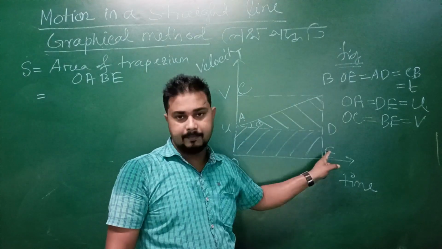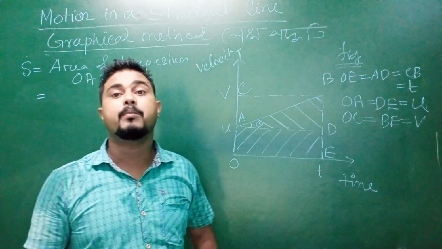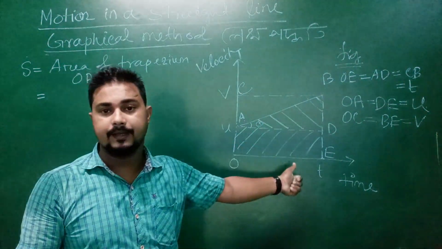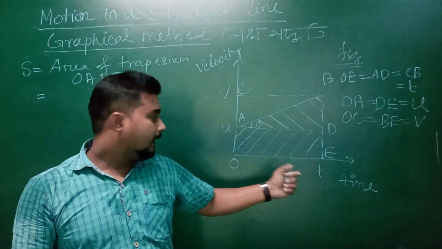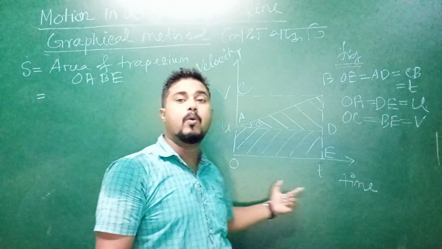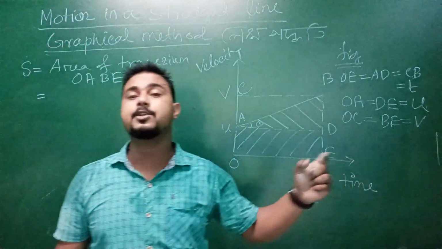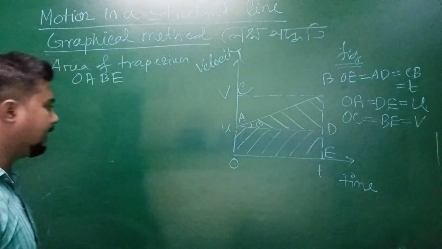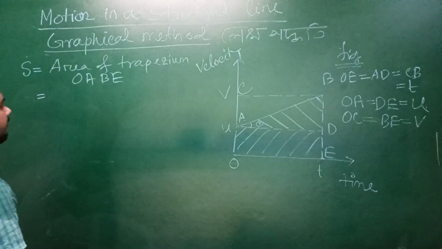OA and BE, these are the two parallel sides of the trapezium OABE. Now the height of the trapezium will be OE.